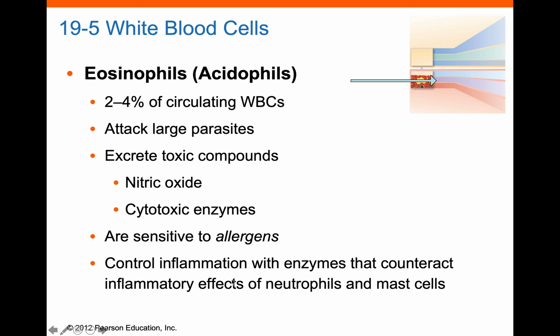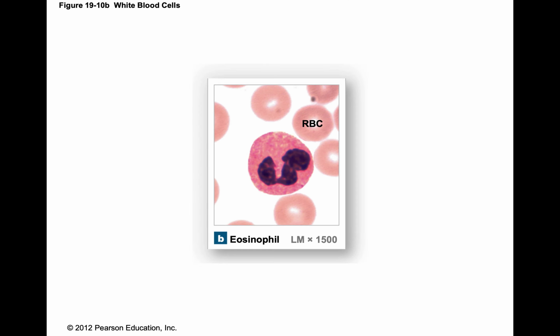Common inflammation with enzymes that counteract inflammatory effects of neutrophils and mast cells. So they could also be used for anti-inflammation. So if histamines are released, so there is allergy in the body, then there would be an excessive amount of eosinophils. So that's a good indicator.